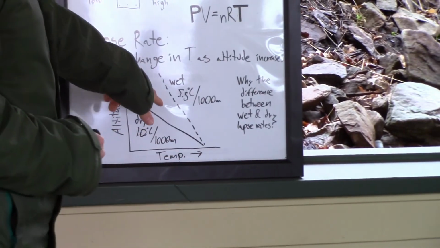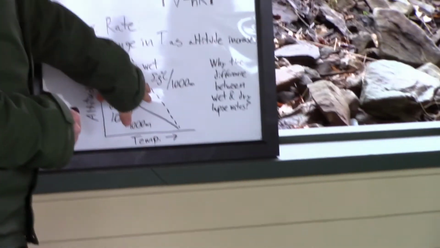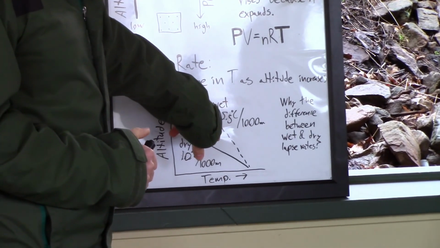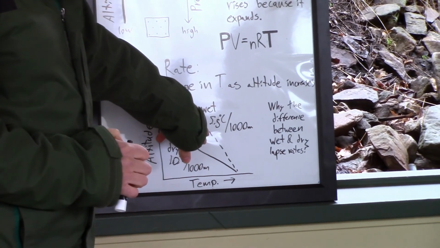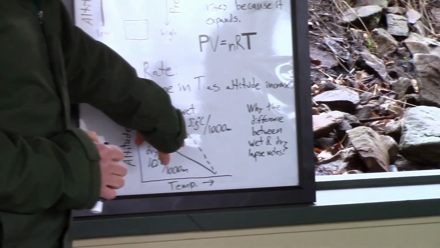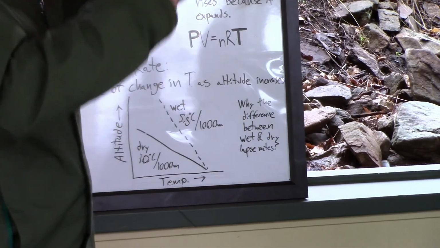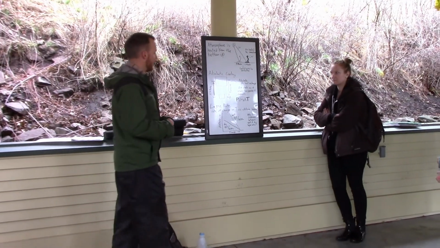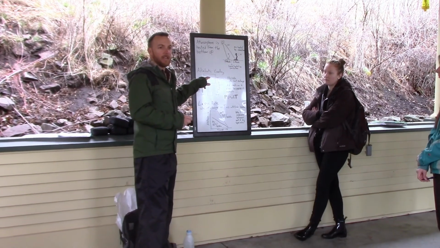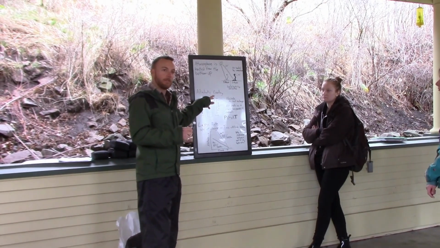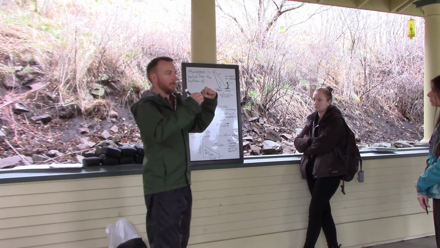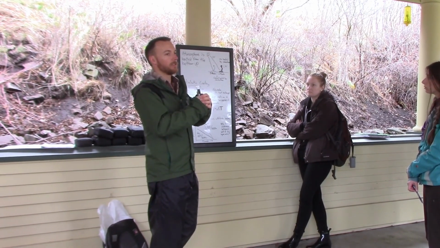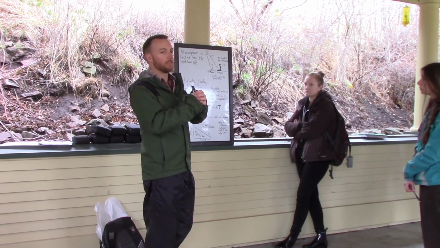And we know why. We should know why this is a lower rate of temperature change, why the wet one is. Can anybody explain that to me? Latent heat absorbs the energy. It releases energy, right? So if there's more moisture in the air, and as we're going up, the air is expanding, which means it's also cooling, right? That means that the water in the air is condensing, and when water condenses, what happens?